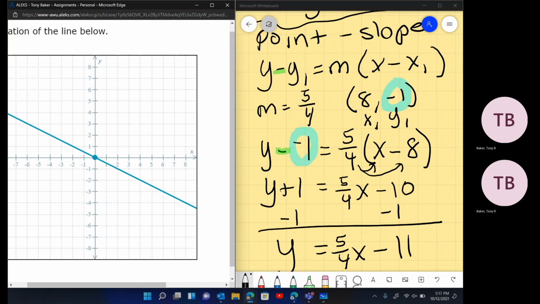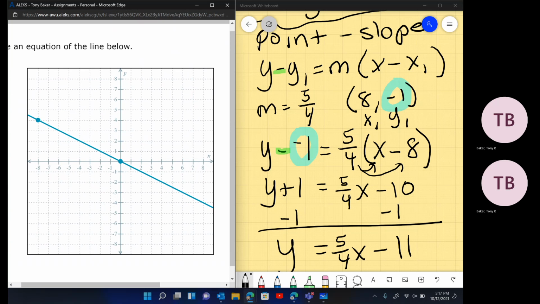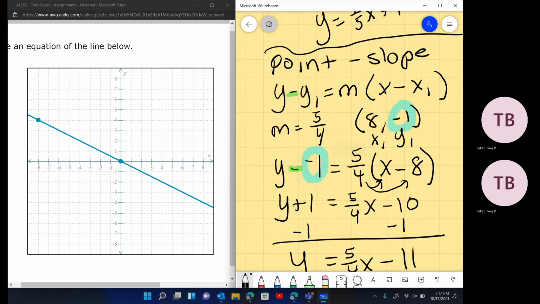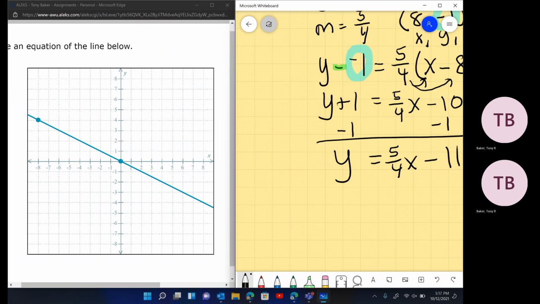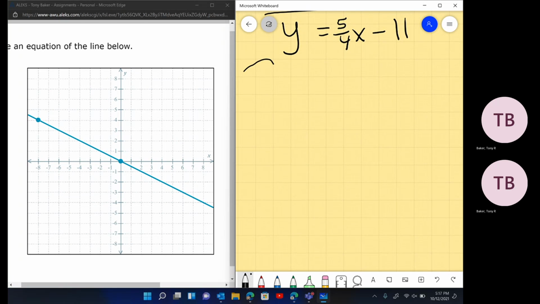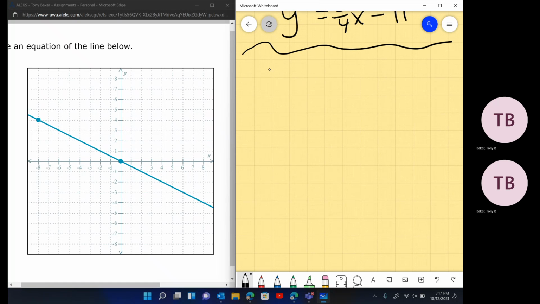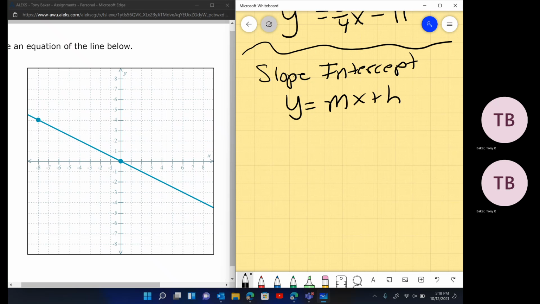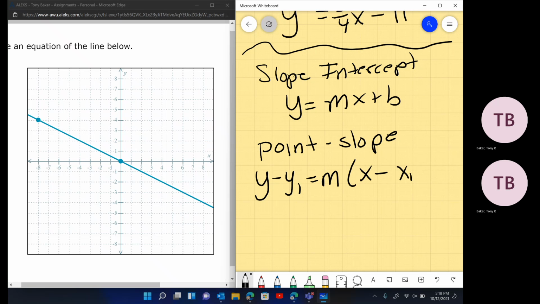So the next one, they want us to write the equation of a line, and they gave us a graph. Now, you can do this either way. You can use the slope-intercept, which is y equals mx plus b, or the point slope, which is y minus y1 equals m times x minus x1.